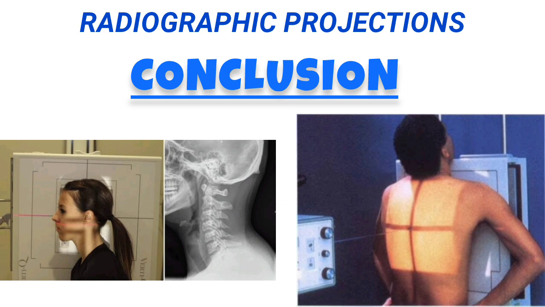So, as a radiography student or radiologic technologist, you are to master positioning in order to avoid repeats and also ensure that your patients are comfortable during the examination. This is going to lead to better diagnostic images and also better patient care.